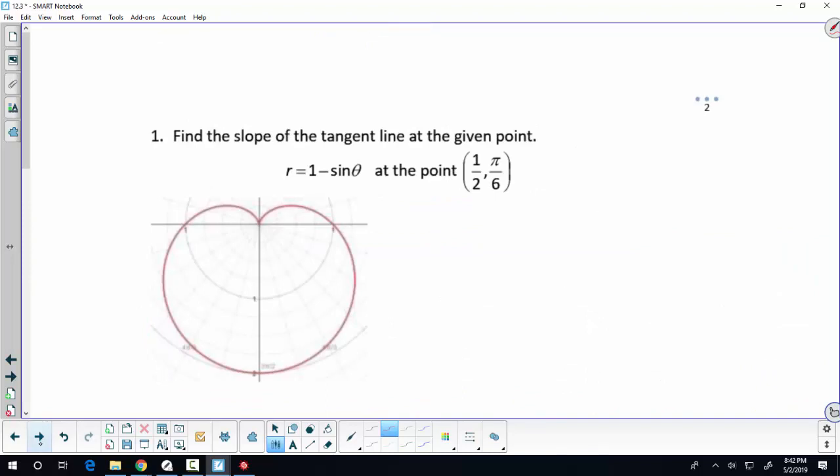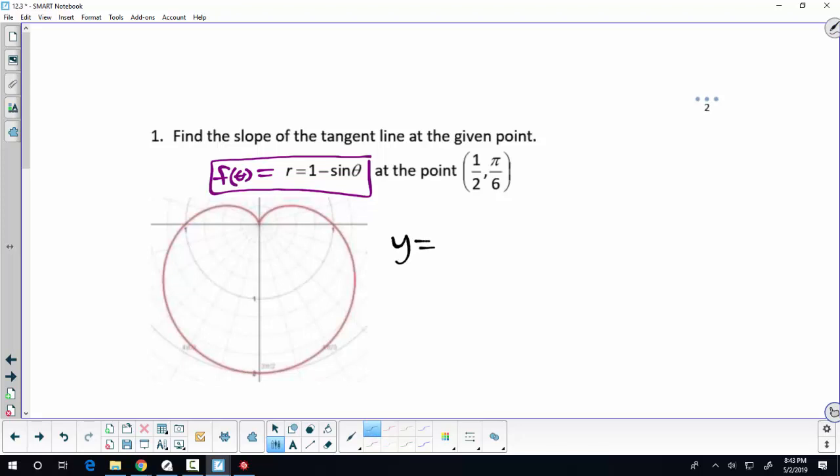The idea is when we were asked to find the derivative at a given point, we have this r, which is that f of theta. All we have to do is remember to reparameterize things.